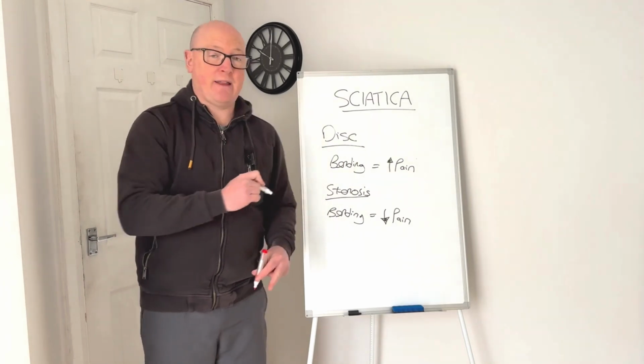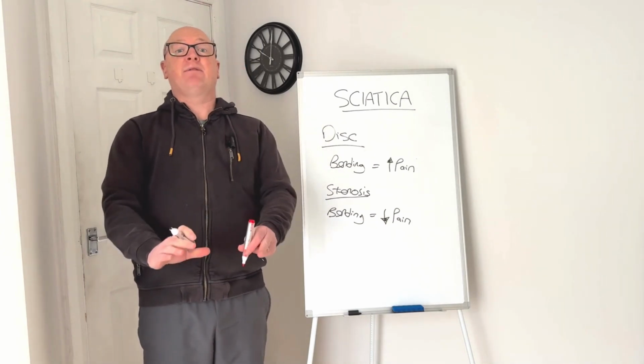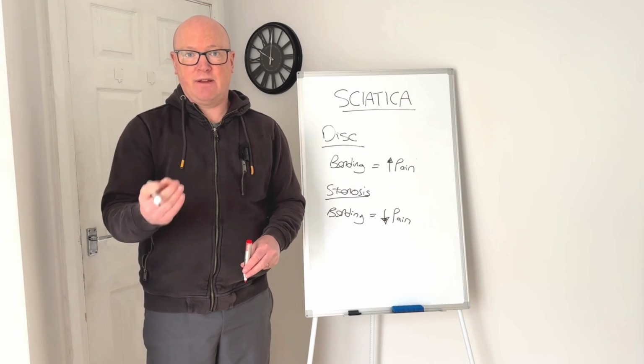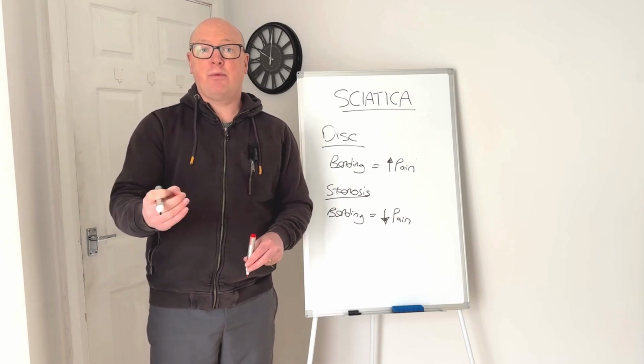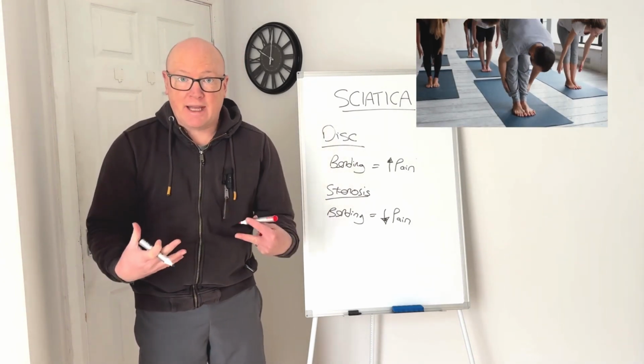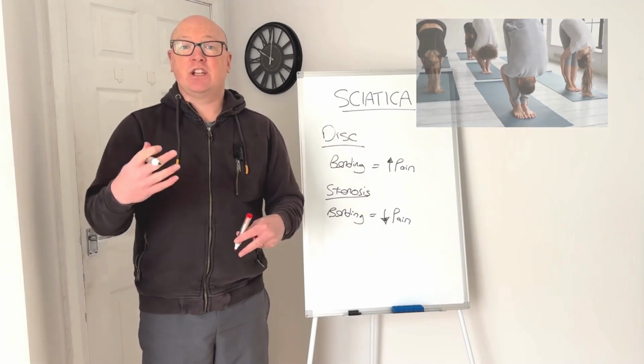So we talked about the fact that we've already got narrowing of that area. So if we narrow it even more with a lean back, like a Mackenzie extension, then it will pinch the nerve even more, which results in more pain. However, when we bend, we actually open up the gaps where the nerve comes out. It gives it a bit more freedom and it's usually relieving.